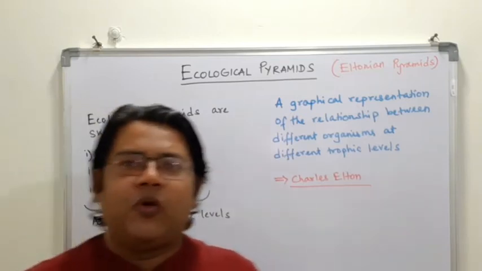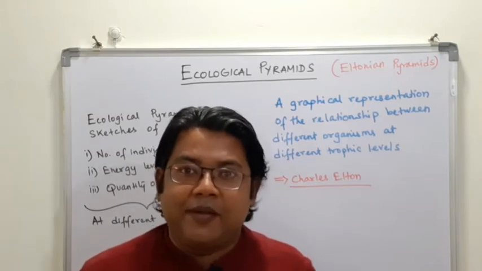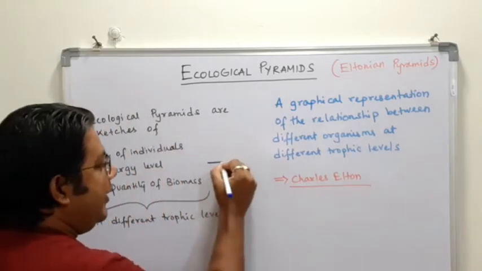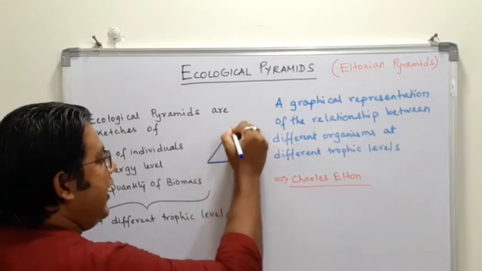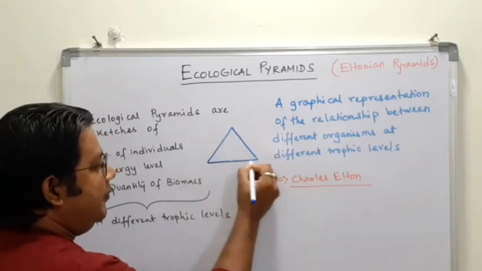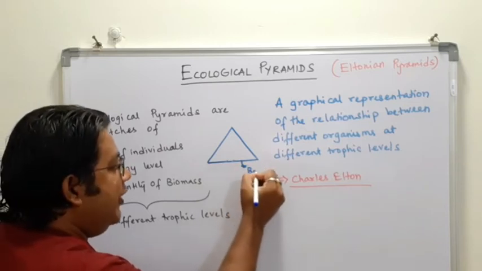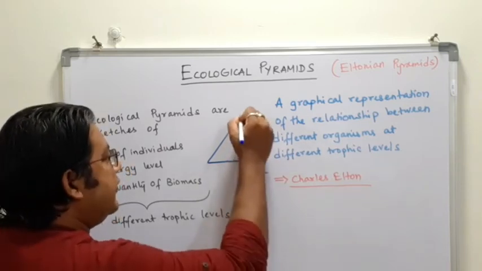Now we all know what is pyramid. What is a pyramid? You know the structure of the pyramid. A pyramid has a base and also has an apex. This part is called a base of the pyramid and this is called the apex of the pyramid.